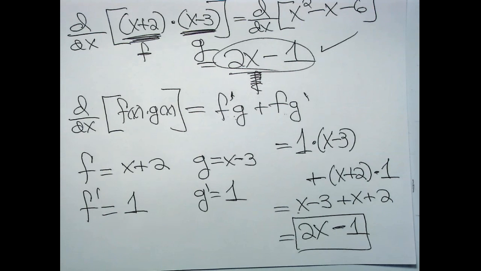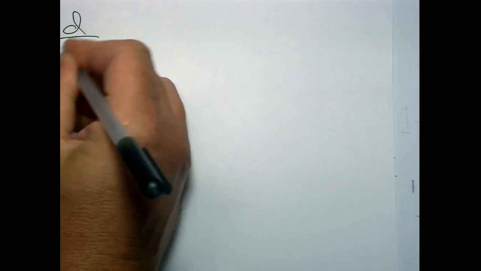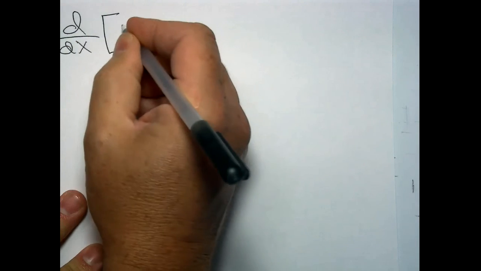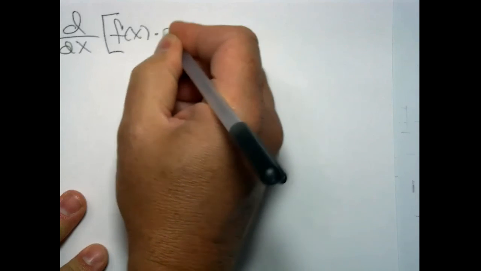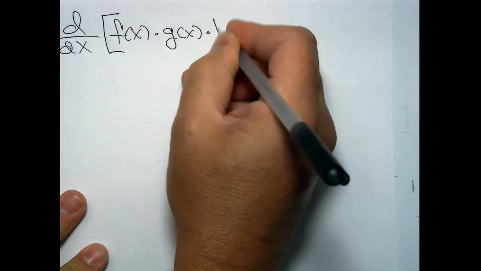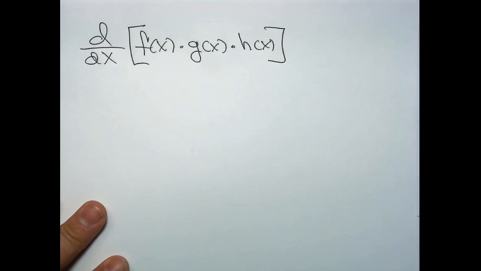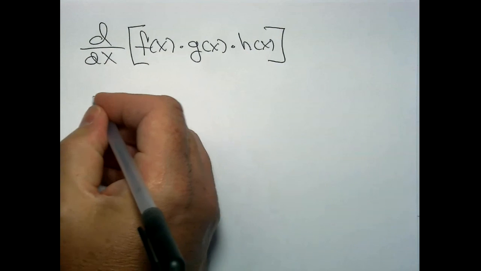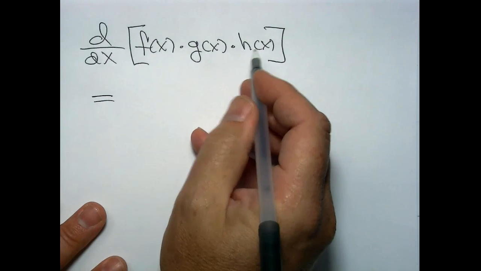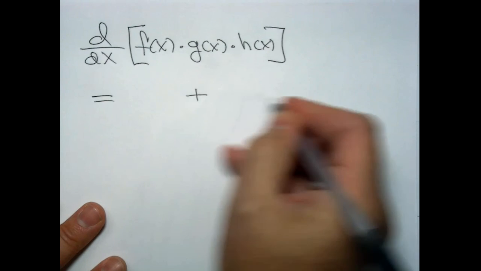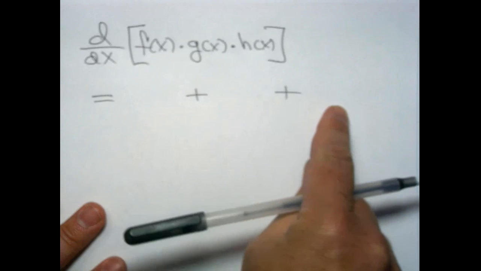Now, how does that translate into a derivative of maybe more than two factors? Like, what if we wanted the derivative of three functions? Like that. Three functions, and we want a derivative. Three functions, three terms. 1, 2, and 3.